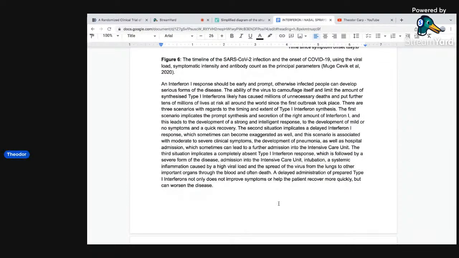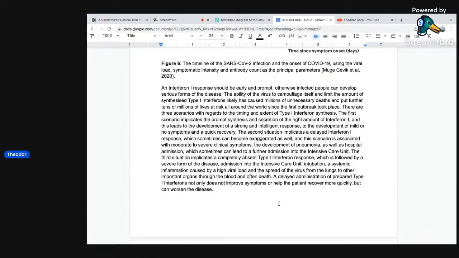So, given this evidence of scenarios, practical evidence, including dozens and dozens of clinical trials, which I'll be explaining soon, I have reasons to believe that we might be able to build a mechanism based on natural immunity in type 1 interferons, or interferon alpha and beta, to simulate infection and stimulate a full and intelligent immune response at the same time.